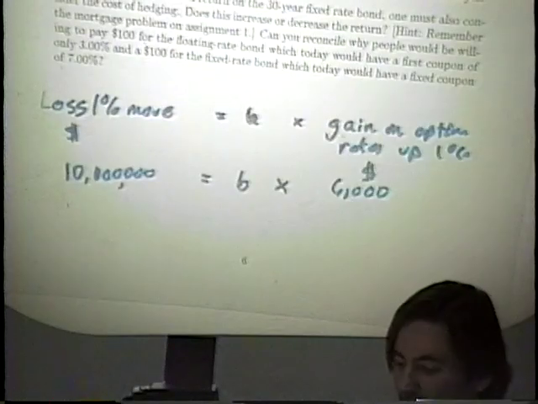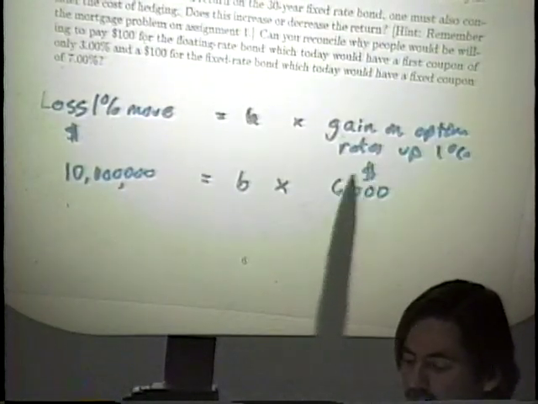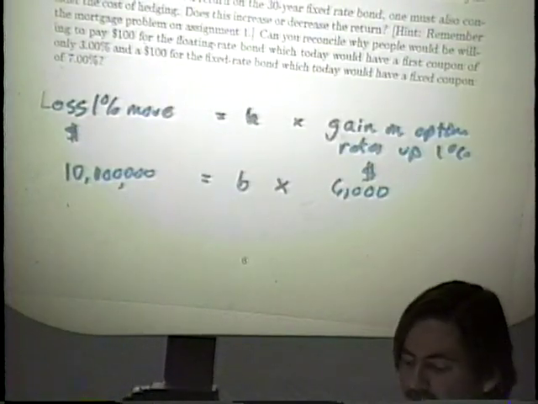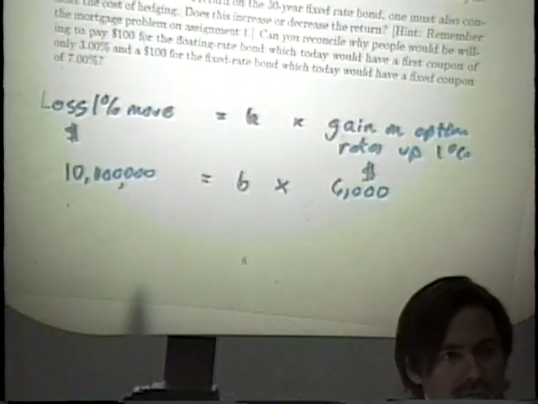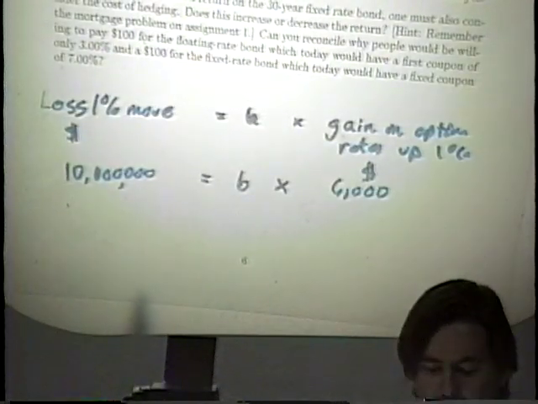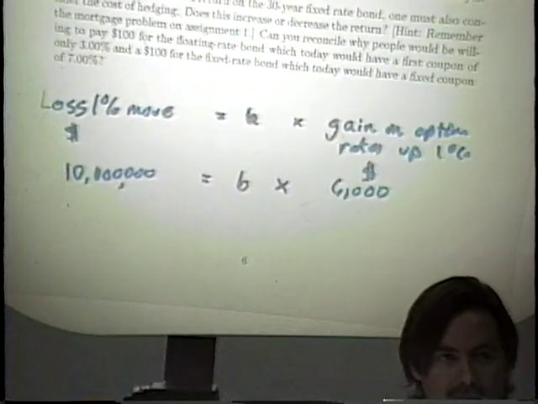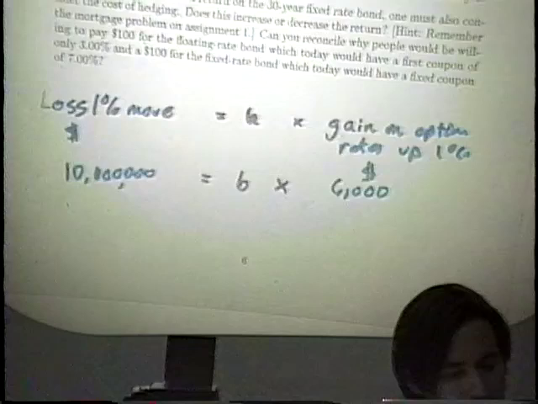So when I calculate the dollar move for a 1% gain on the options now, it's going to be $3,000. So what you need to do is to double the number of contracts to get the durations matched.